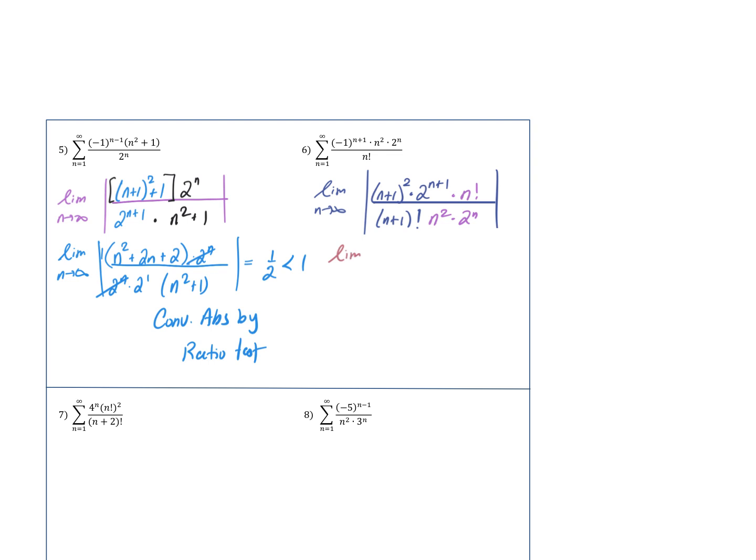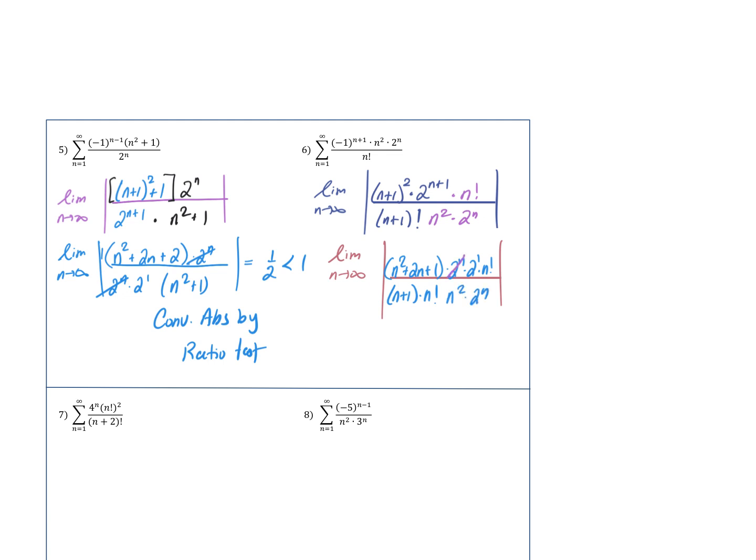So I've got the limit as n goes to infinity. I FOILed this out to get n squared plus 2n plus 1. This is 2 to the nth, 2 to the first, and then n factorial. This becomes n plus 1 times n factorial, n squared, 2 to the nth power.